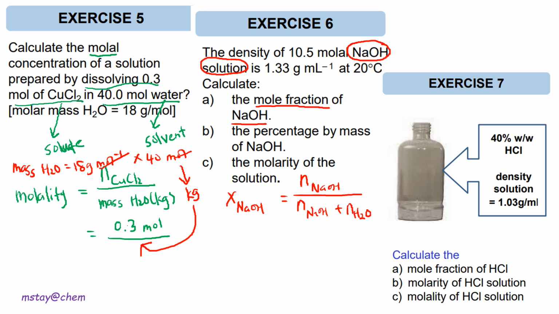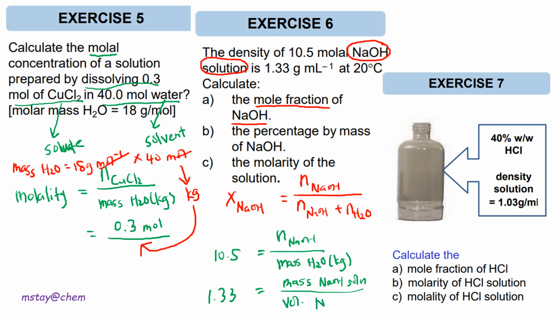Look at the information given. The question tells us 10.5 molar, which is mole NaOH over mass of H2O in kilogram, and also the density of the solution is 1.33 gram per ml, which is equal to mass of NaOH solution over volume of NaOH solution, in the unit of gram per ml.